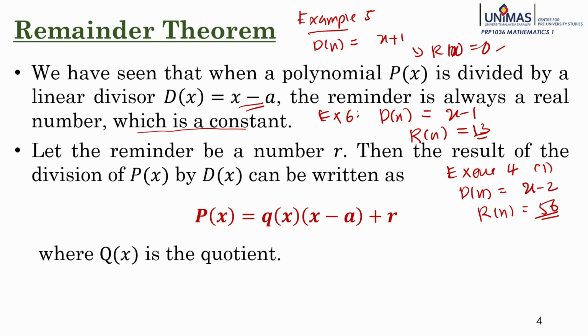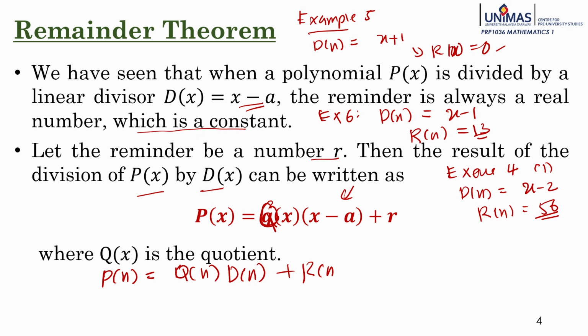Let the remainder be a number r. Then the result of the division of P(x) by d(x) can be written as this, where Q(x) is the quotient. So this one should be a capital Q, right? You have the idea that P(x) equal to Q(x) d(x) plus R(x).